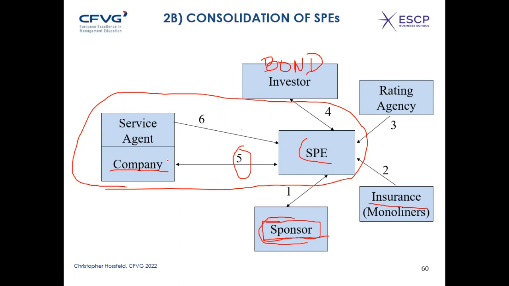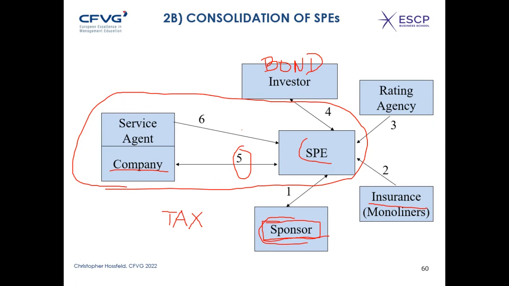However, companies still do use SPEs, and they do this then for other reasons than accounting reasons. And obviously, one reason is taxation, tax reasons. And in some countries, you have tax incentives to do that.